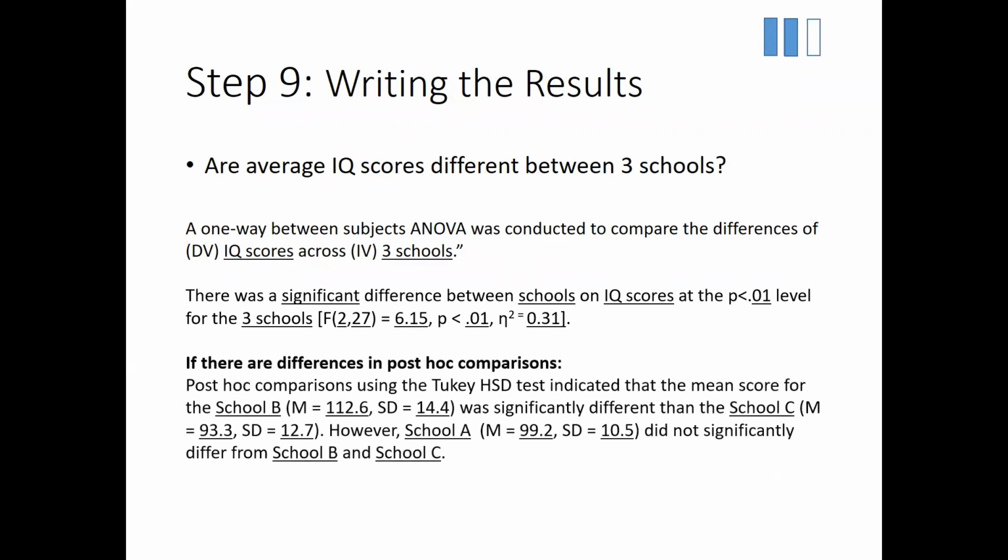If there are differences in the post hoc comparisons, which we know there are, post hoc comparisons using the Tukey honestly significant difference test indicated that the mean score for school B was significantly different from school C. However, school A did not significantly differ from school B or school C.